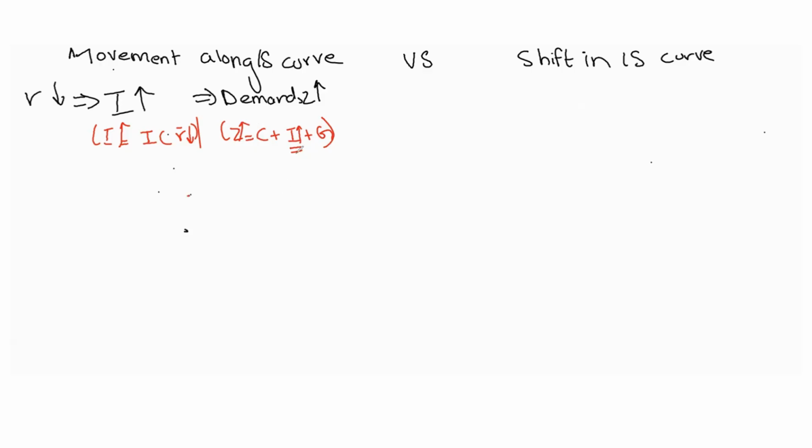So basically, the demand schedule shifts up in the goods market model.